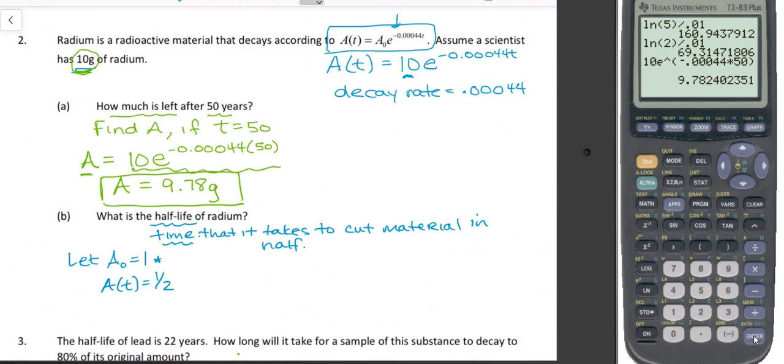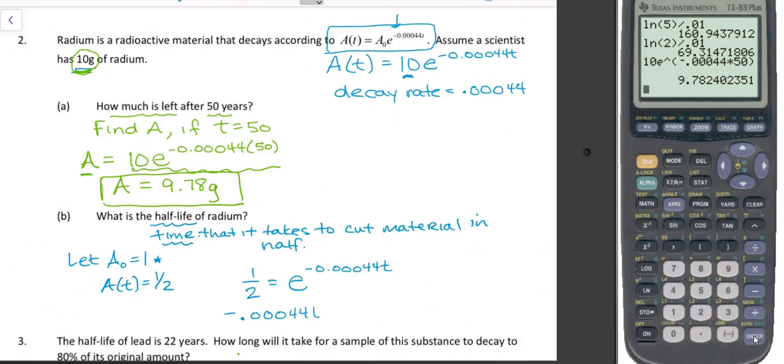So if I let my final amount be a half, my initial amount would be 1, making the coefficient of E 1. And then I'm going to use my decay rate of 0.00044, and I'm looking to solve for T. So again, because I chose the initial amount of 1, I'm ready to go straight to the logarithmic equation.